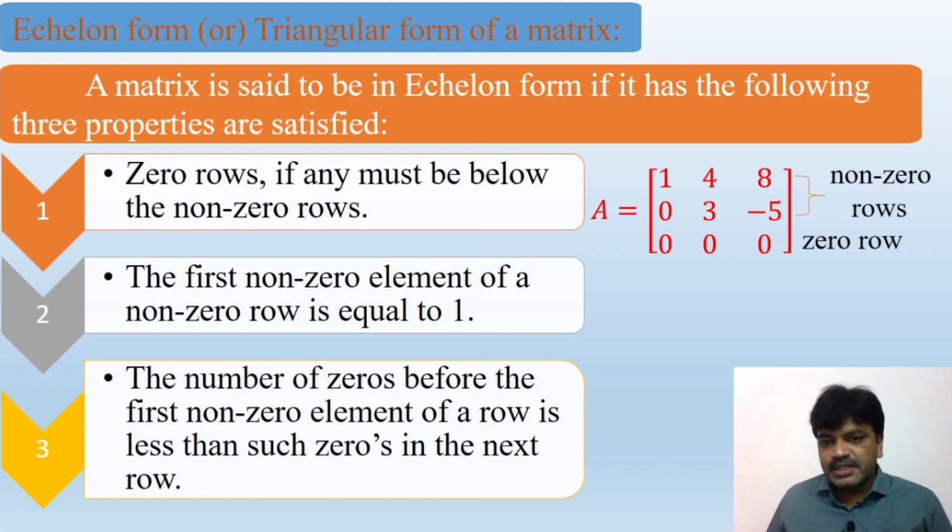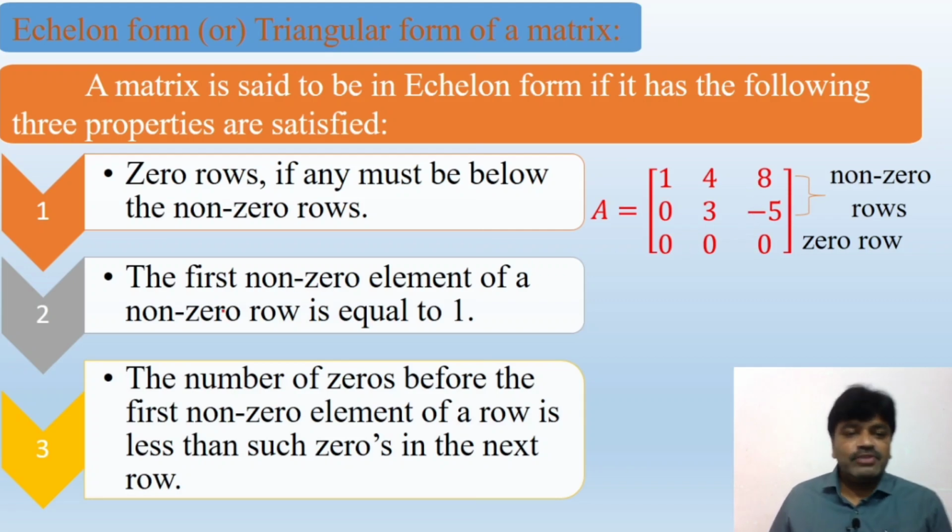Here the zero row is below the non-zero rows. Suppose the second row is zero, then we interchange R2 and R3. Please remember the first property: a zero row must be below the non-zero rows.